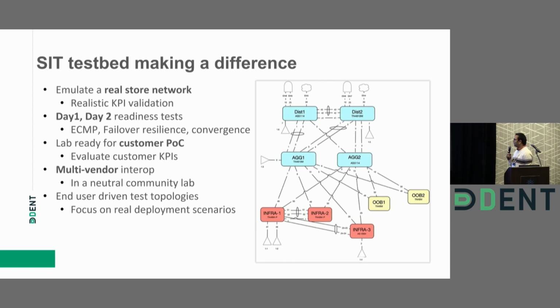It helps us to simulate realistic KPI for a real store network, with day 1, day 2 readiness tests like ECMP, failover, resiliency, and convergence. This also helps, like Manu mentioned, for customer POCs and multi-vendor interop. We have also been able to put together end-user driven test topologies and focus on real deployment scenarios.